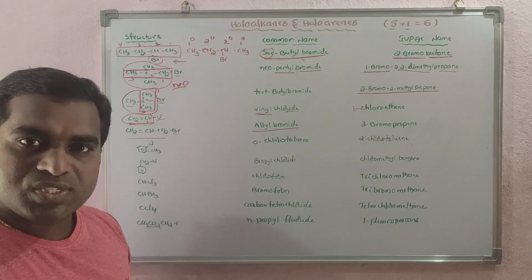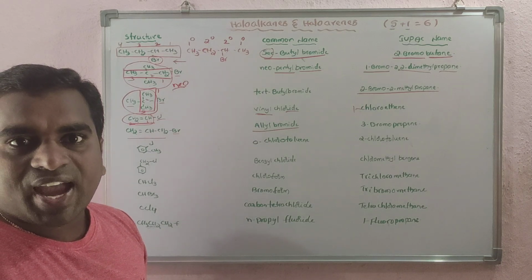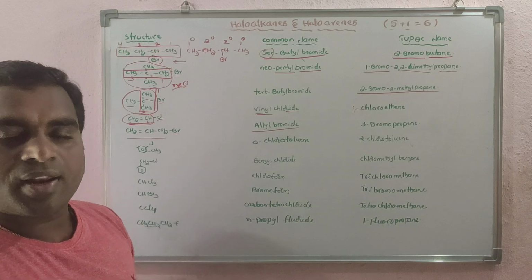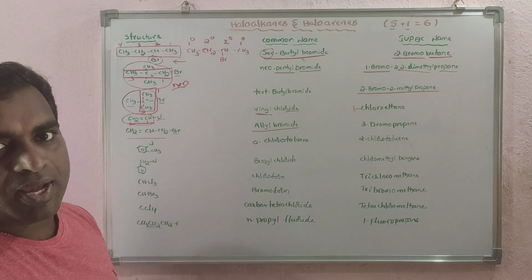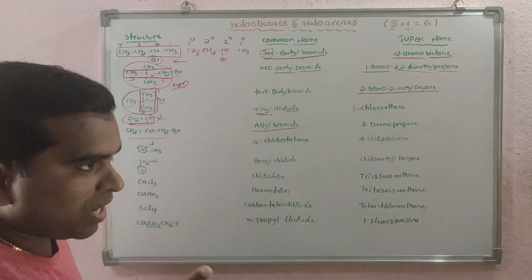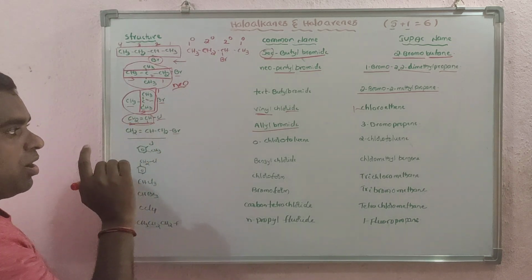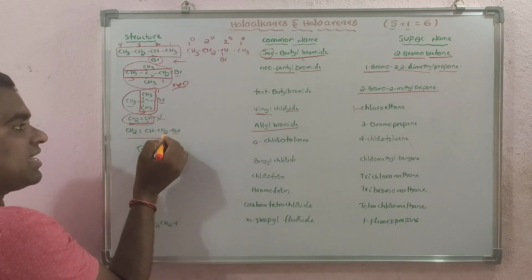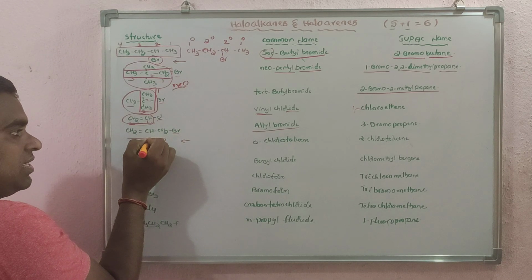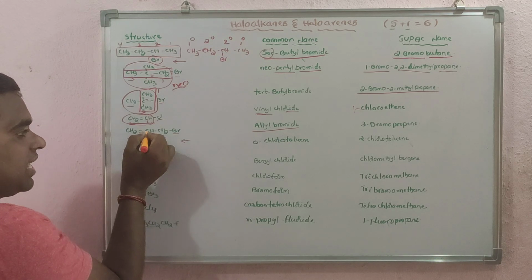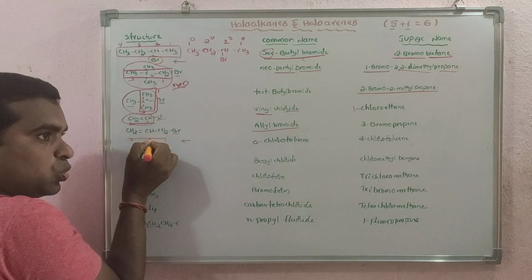Bromine or halogens are always considered as substituents. So when a double bond and halogens are there, you have to give the priority to the double bond. So if I start numbering from this side, then this is 1, this is 2 and this is 3. The double-bonded carbon is getting 2.